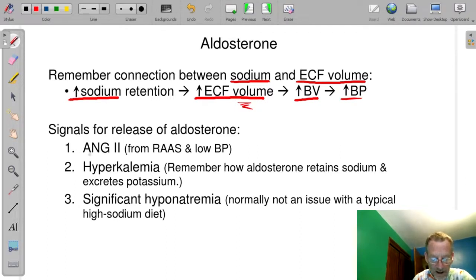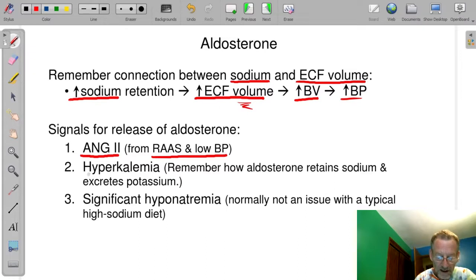One is angiotensin II from RAAS, and that gets activated by low blood pressure, assuming we don't have high osmolarity. If it's just a straight loss of blood volume, low blood pressure, the RAAS is activated. Angiotensin II targets the adrenal cortex and causes release of aldosterone.